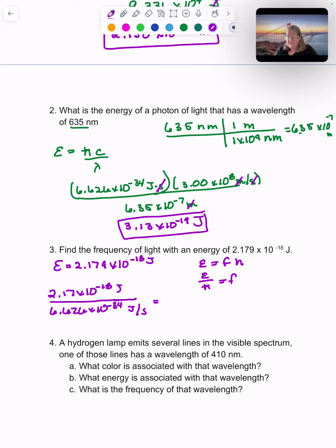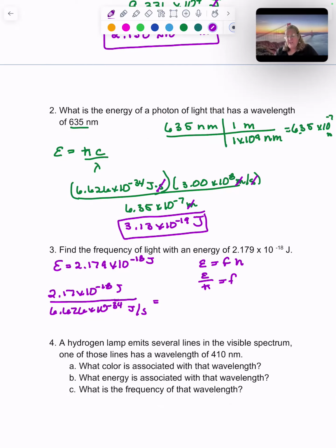My calculator just went to sleep. 2.17 times 10 to the negative 18. Make sure when you do your negative, you're using that change sign button, not the subtract button. I've answered a few questions for people and they're just putting the subtraction sign in instead of the change sign button. Divide by 6.626 times 10 to the negative 34.